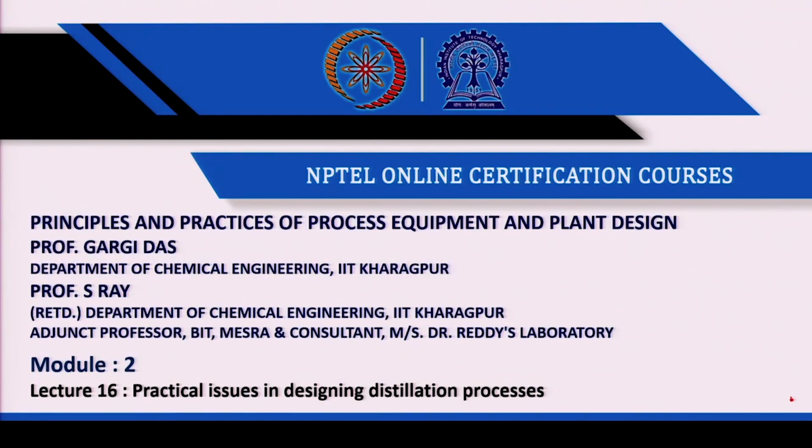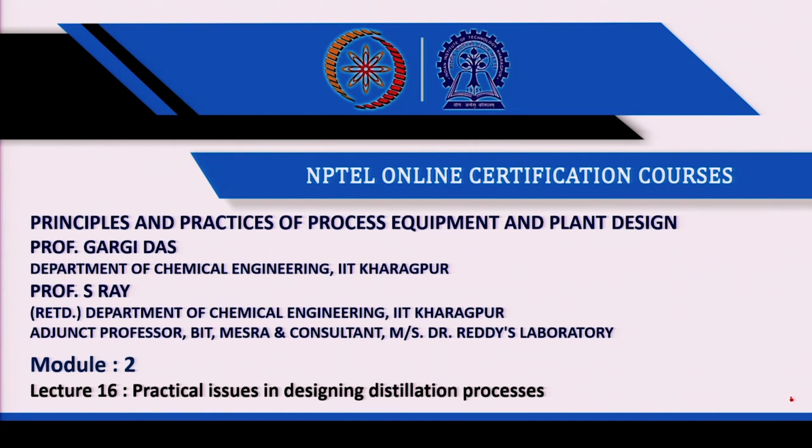This has been followed with fractionator and fractionator design, and in the last class you have been given input on the basics of batch distillation and its design and operation to some extent.